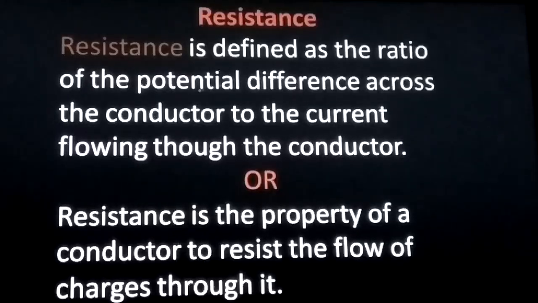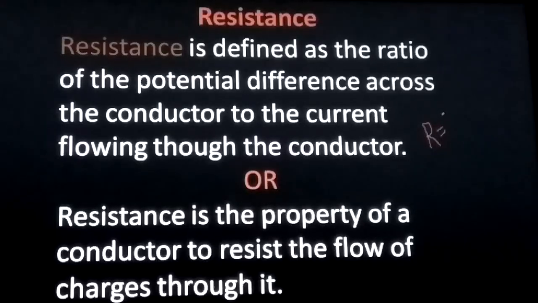Symbolically we can say that resistance is the ratio of the potential difference across the conductor to the current flowing through the conductor. That means symbolically we can write R equals V by I. Observe here, you already know the definition of ratio in mathematics.